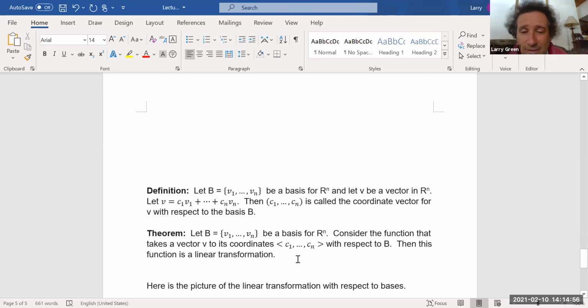The domain of the function is all vectors in Rn, and the range is also vectors, but they're the coordinates of the vector. Any questions on what this function is? Then this function is a linear transformation. Any questions on this idea?